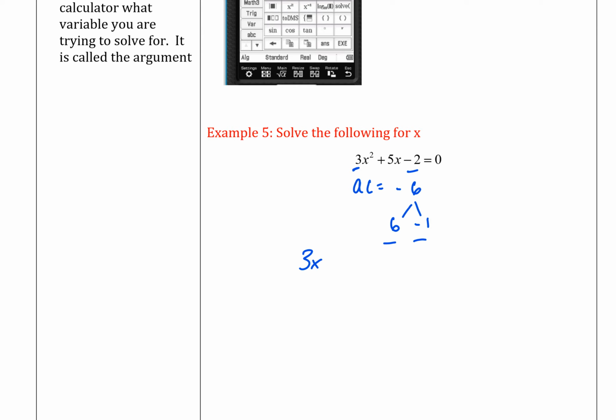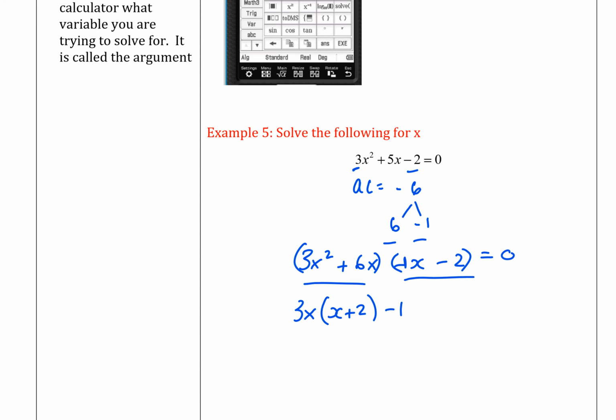So I've got 3x squared plus 6x minus x minus 2 equals 0. Now if I group 2 and 2, so the coefficient of this x is minus 1x. I can see here that my common factor, 3x, yields x plus 2 remaining. My next common factor is negative 1, because that's negative x minus 2.